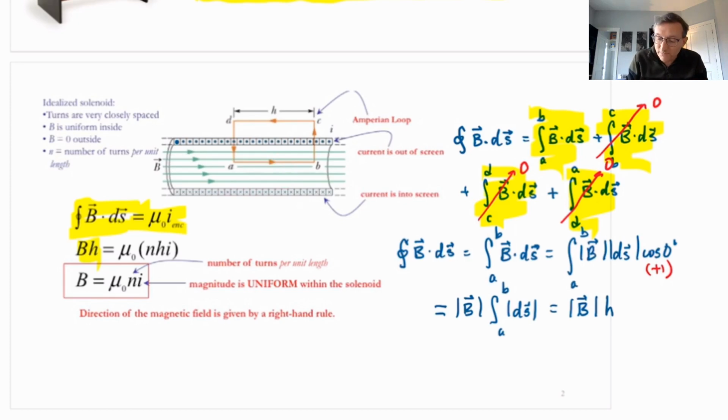So I have to imagine a surface inside the Amperian loop. Let me shade it. It's this rectangular area, right? So you have to think of that as kind of like a surface right there. And I need to add up all the current that pierces that area, all of it.